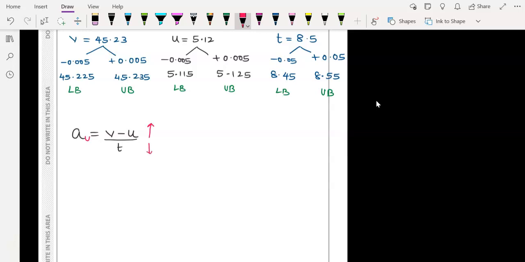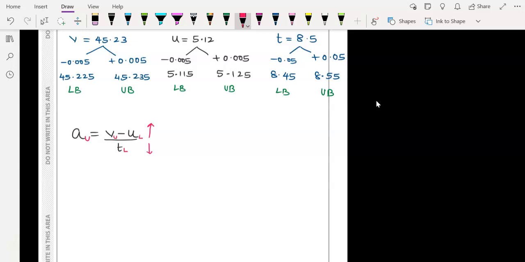So for the numerator, I want the upper bound, and for the denominator, the lower bound. The numerator is a subtraction, so you start with the upper bound and subtract the lower bound.